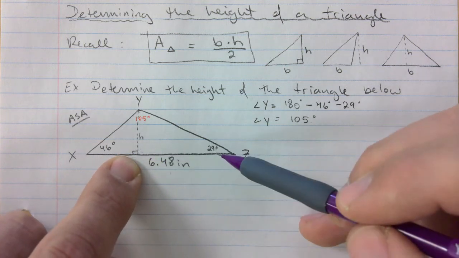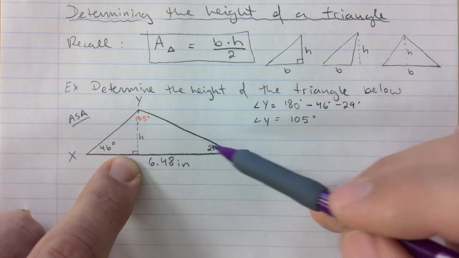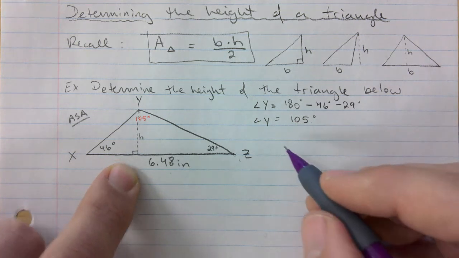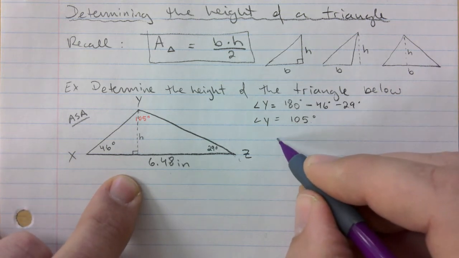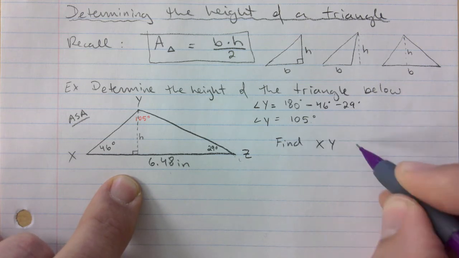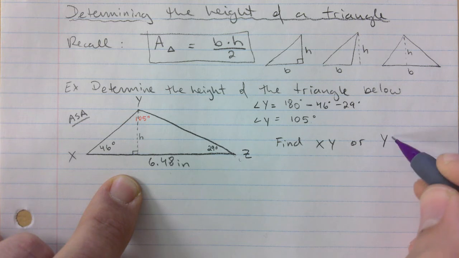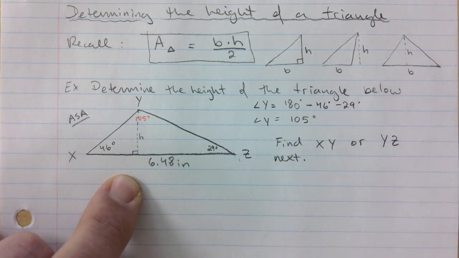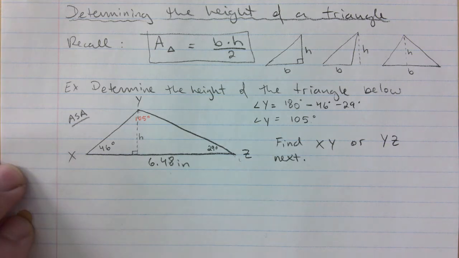So the first order of business is for me to just stick with the big triangle. Okay. So find xy or yz next, before you can do anything else.